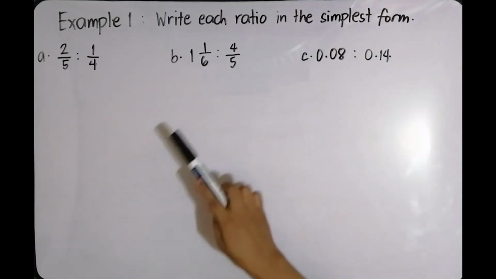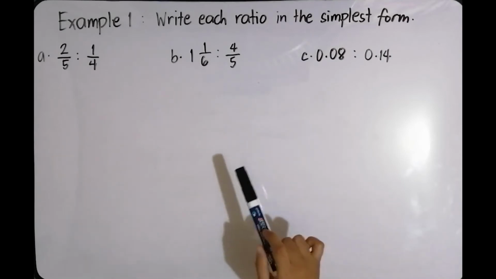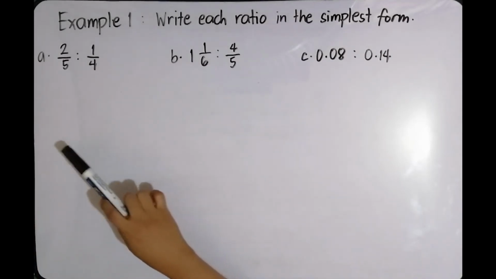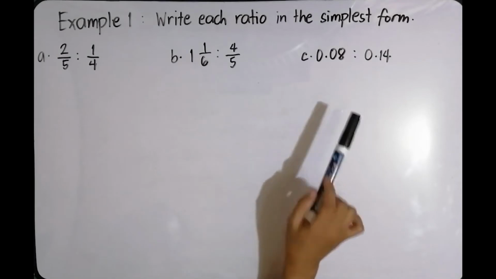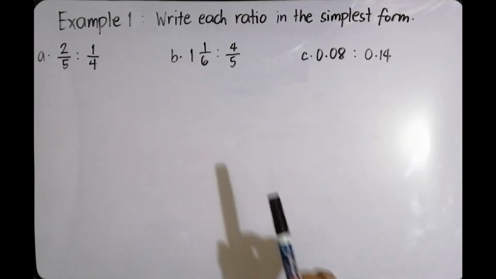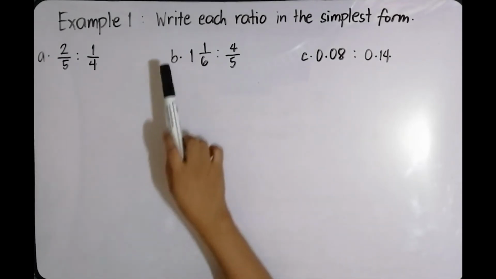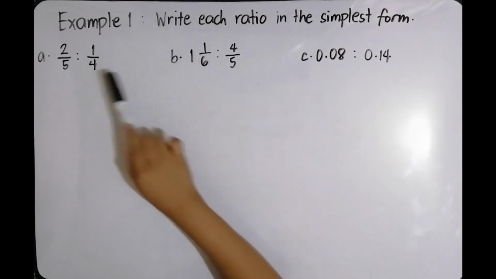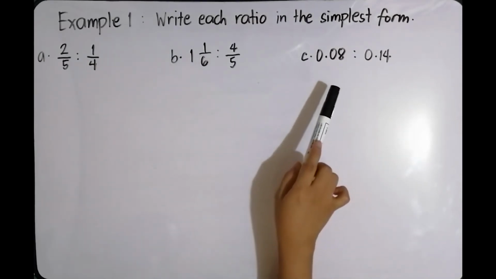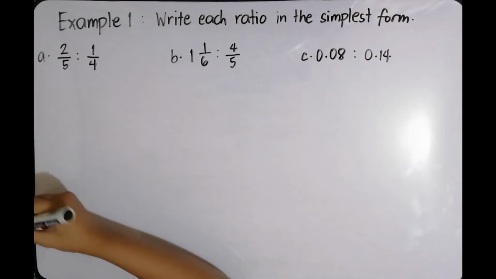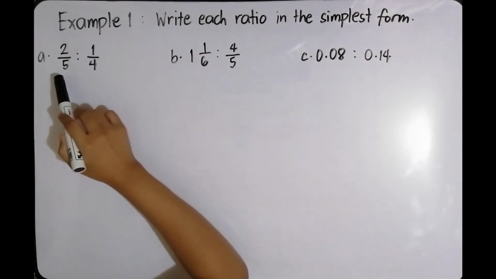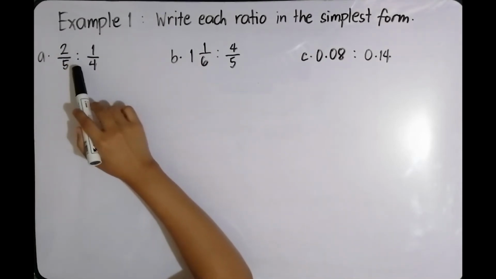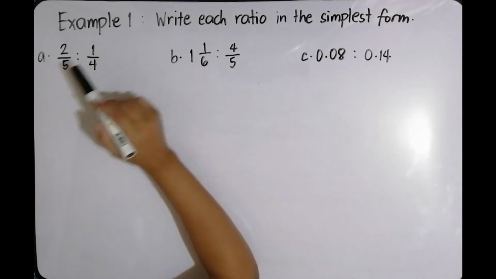Let us have our first example in ratio. We have here items A, B, and C. In this example, we need to write these ratios in their simplest form. First, we have 2/5 is to 1/4.